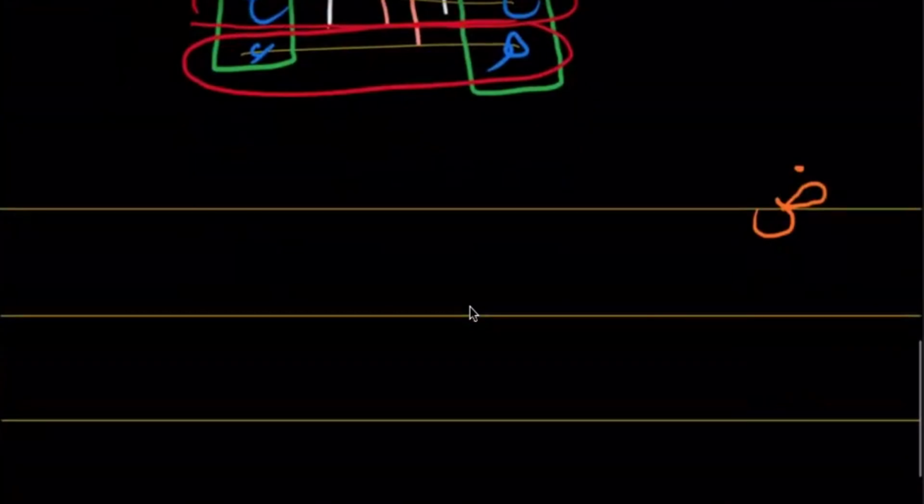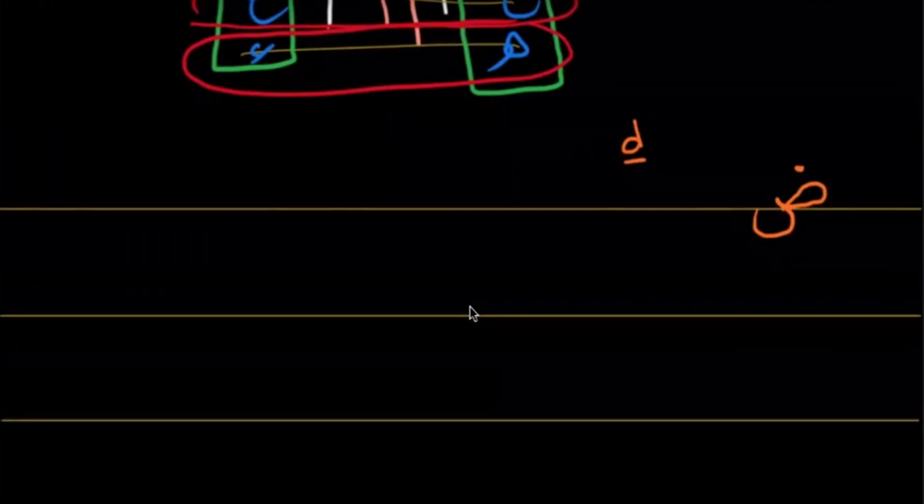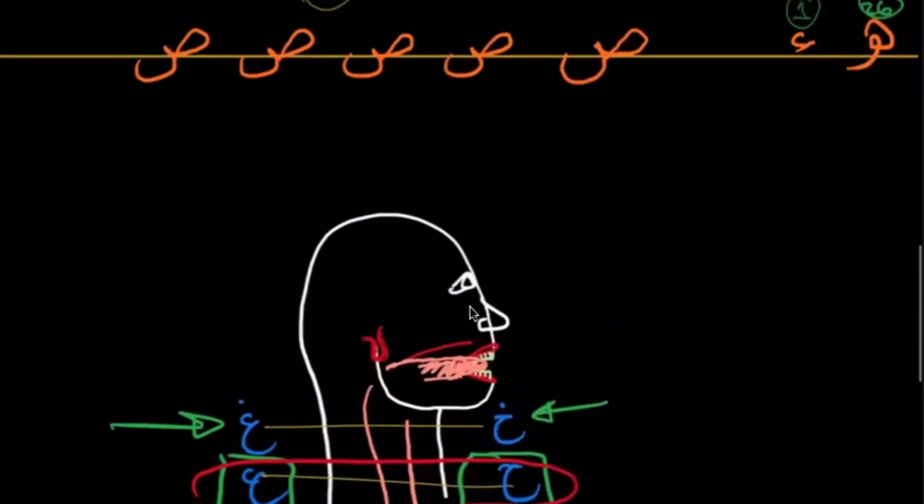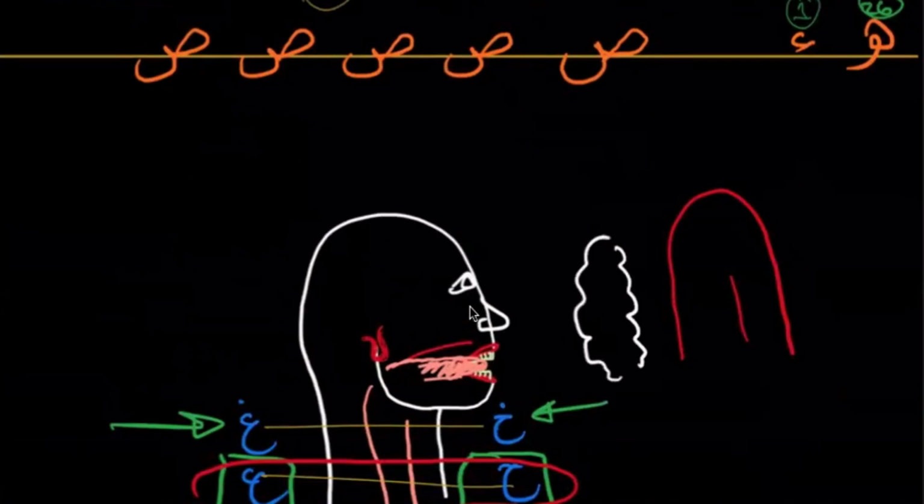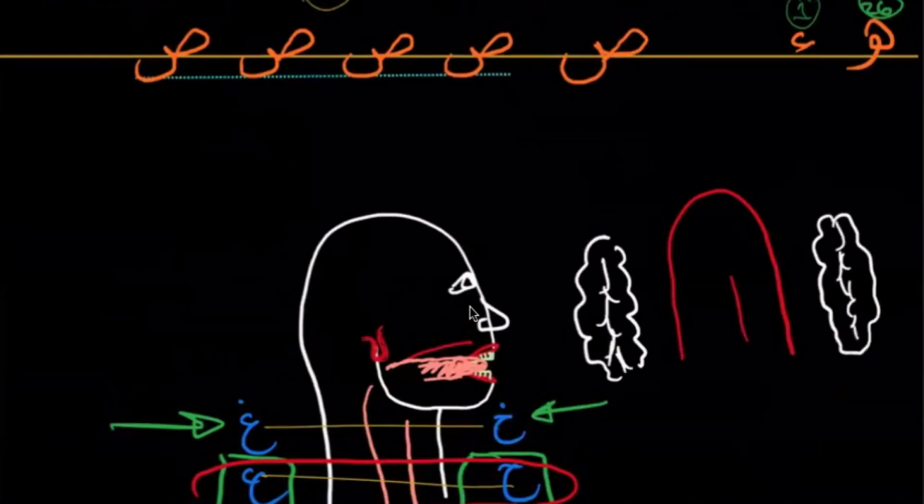Now, usually we transcribe Bod as a D with an underline, but it's not really close to letter Dal at all. Yani, here's your tongue, and here are your molars on the side, and you have teeth also.